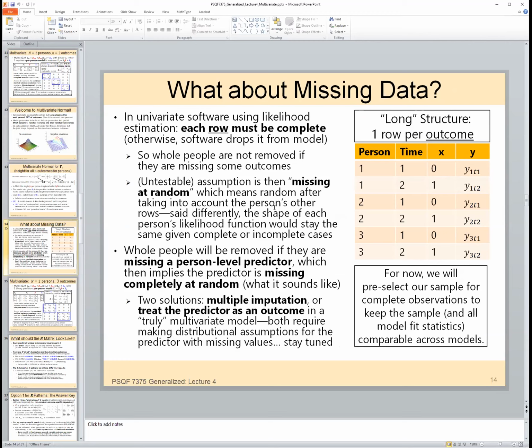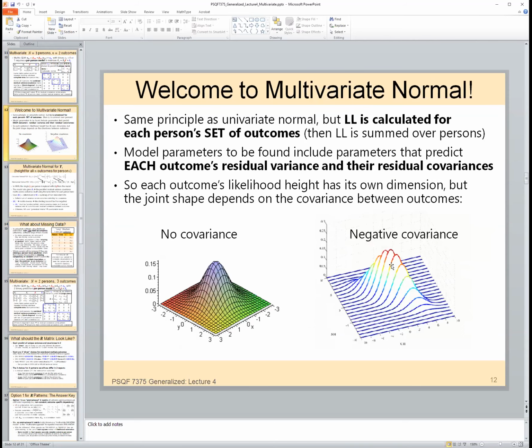Said differently, missing at random means the shape of the likelihood mountain here would be the same shape if I had more observations contributing to it than if I had fewer. The data that are missing would not change my picture of what this person's data looks like. They would just sort of fill in the holes.